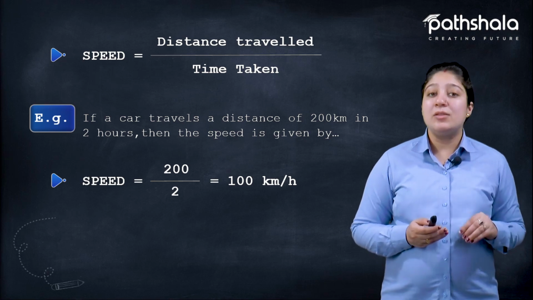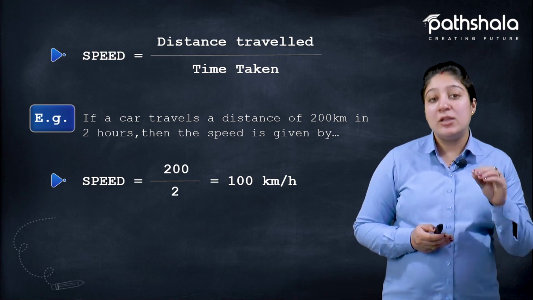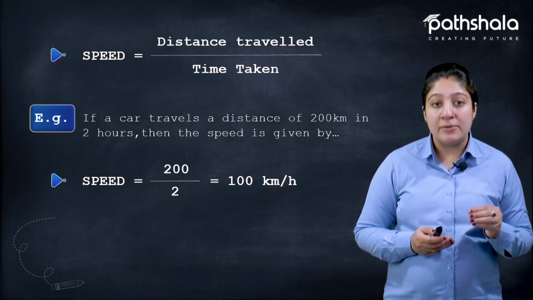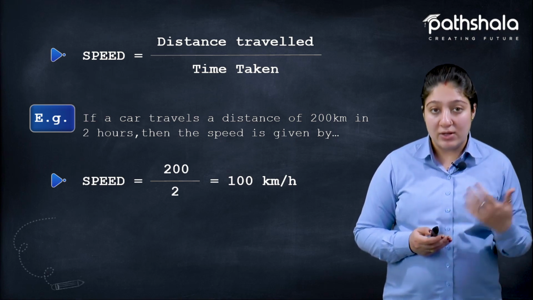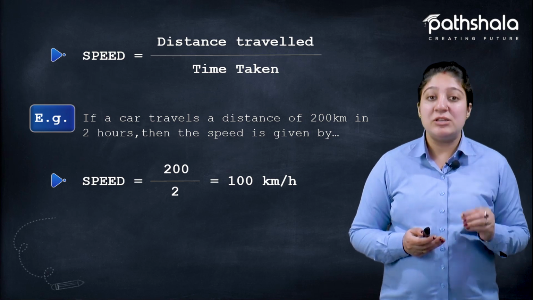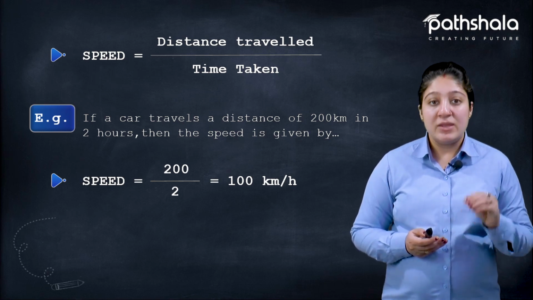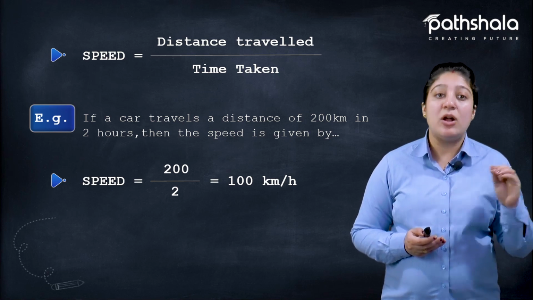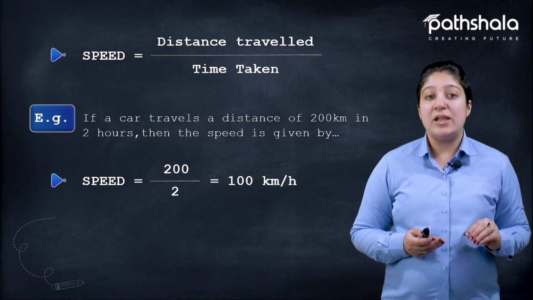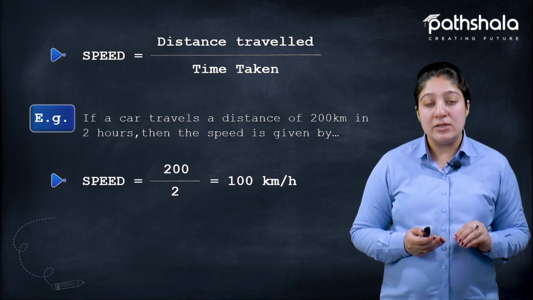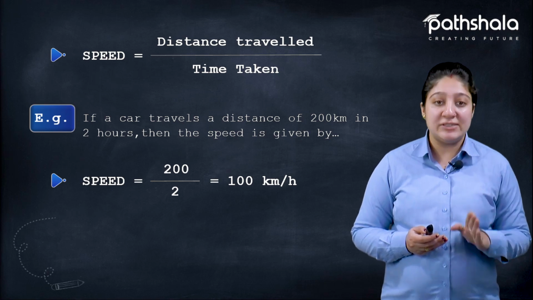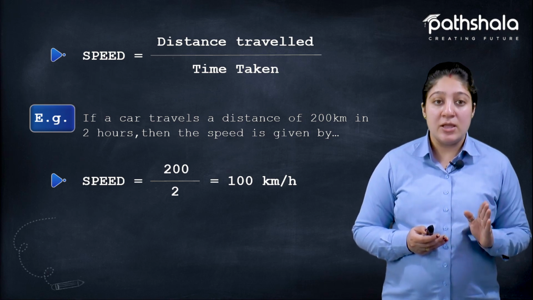Now the most important thing here is the units. When you are calculating the speed, see the units. If the distance is given in kilometer, then your time should be in hour. But if the distance is given in meter, then you need to convert your time into seconds, which is the standard unit.